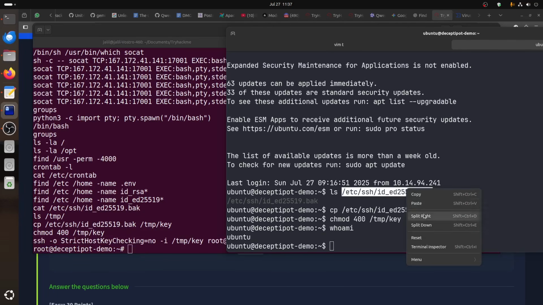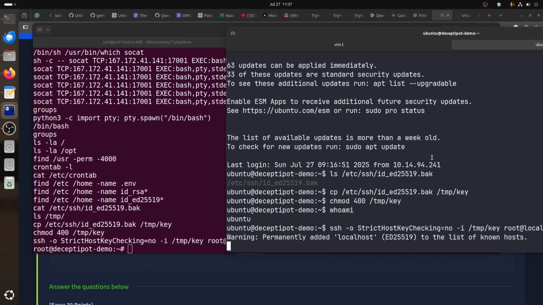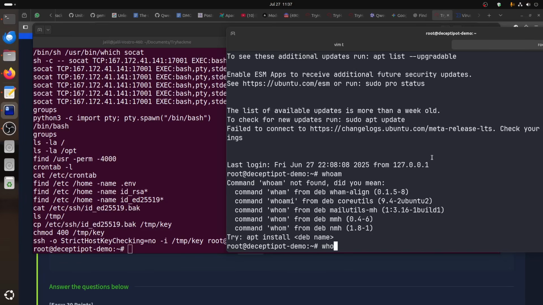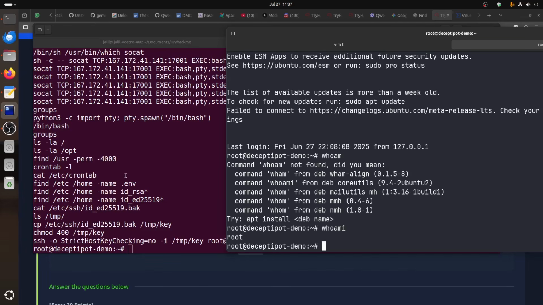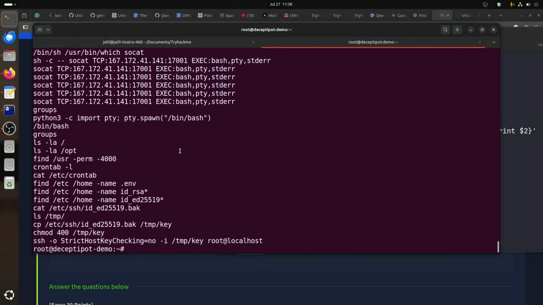I'm ubuntu. If I do what the attacker did, and now who am I? I'm root. Who am I? I'm root. So that's what the attacker did. So if you look for the answer for which file path allowed the attacker to escalate to root, the file is this one.